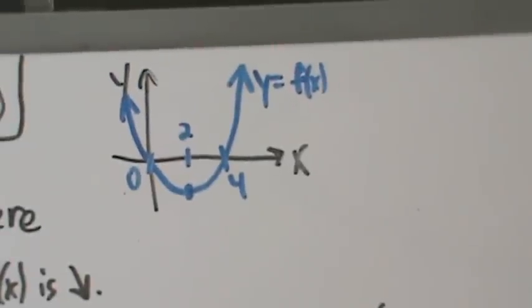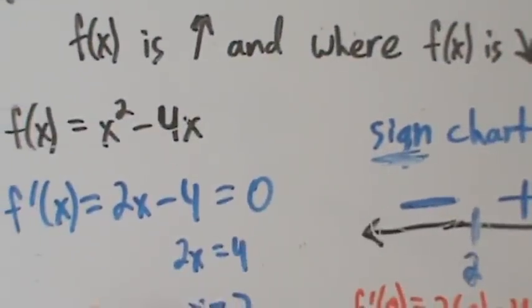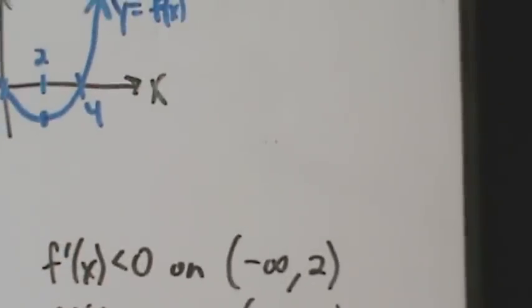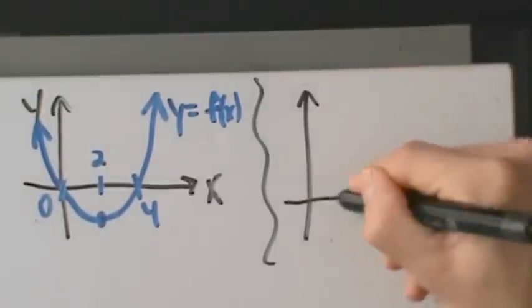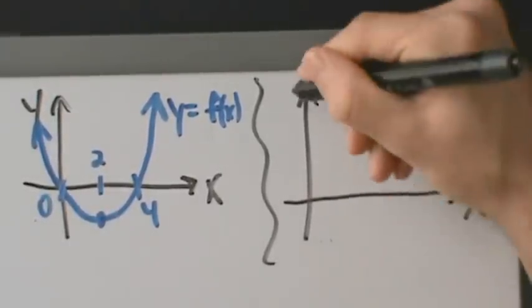So let's draw the derivative. Here's f of x, now let's draw the derivative f prime of x. So f prime of x is just a straight line, 2x minus 4. Here's our derivative, 2x minus 4. So let's draw that. x-axis, y-axis.